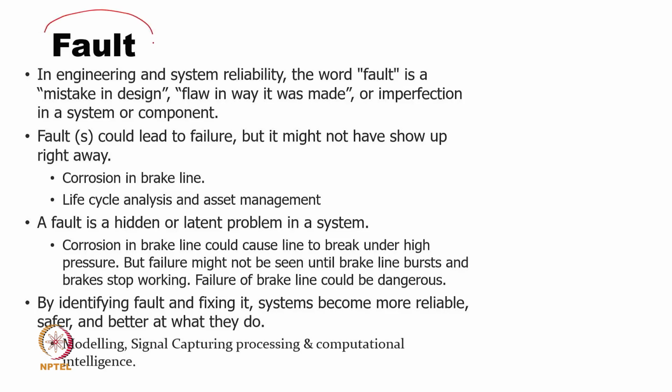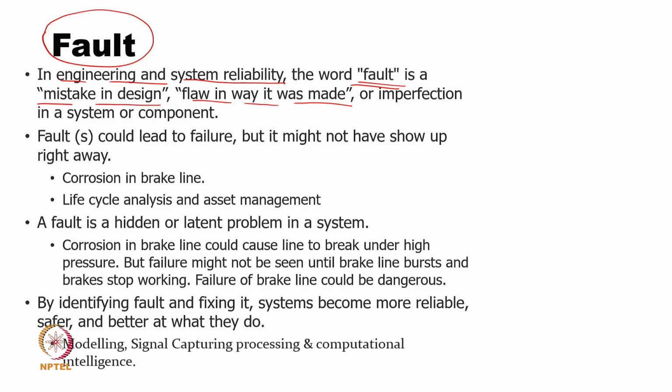Now, coming to the fault: in engineering and system reliability, the word fault means a mistake in a design, or any flaw made at manufacturing time or some other time, and we may not know about that fault. It is something like a hidden fault, not visible to us, but it will finally cause a failure.